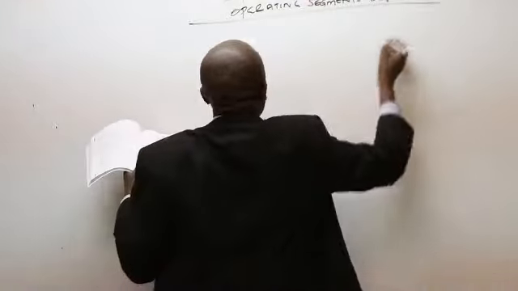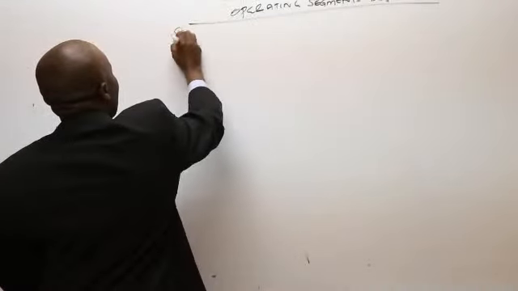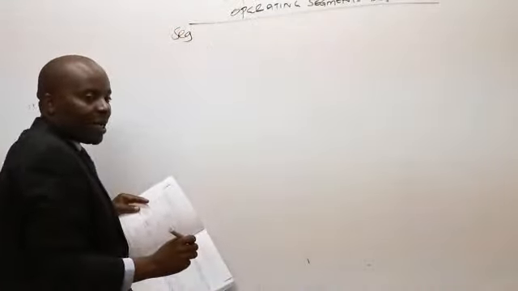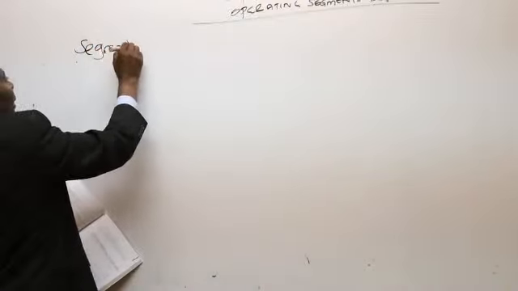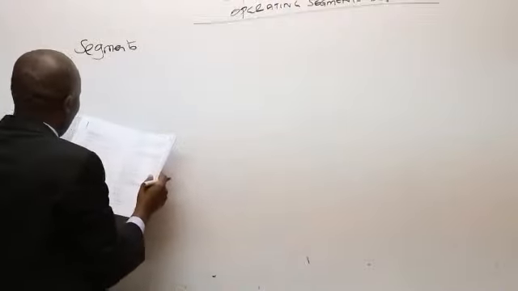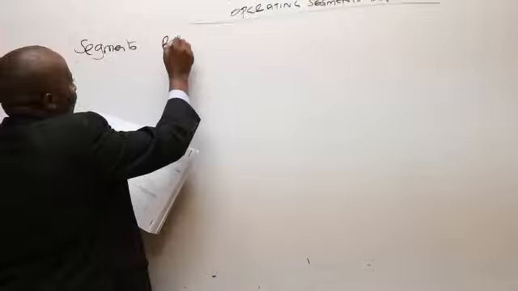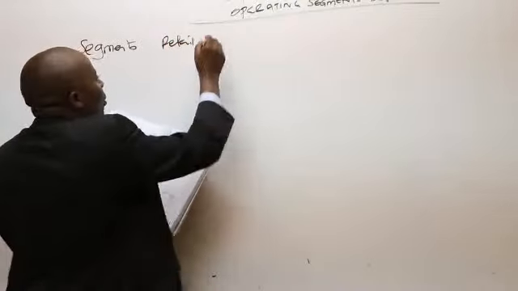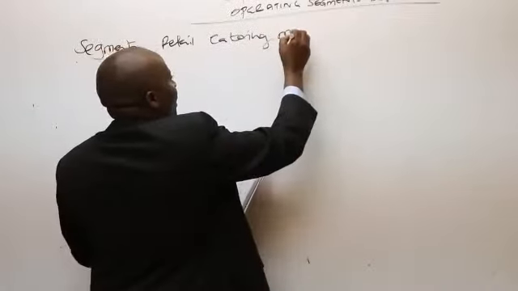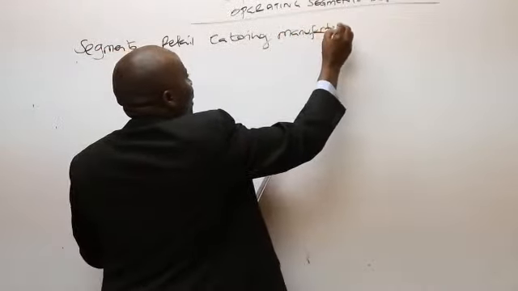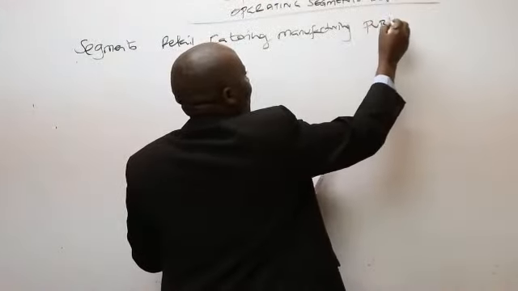Right. So we have our operating segments. We just come and mention them. They're given down there in note number 2. In note number 2, you'll be able to see we have retail, catering, then manufacturing, then publishing.